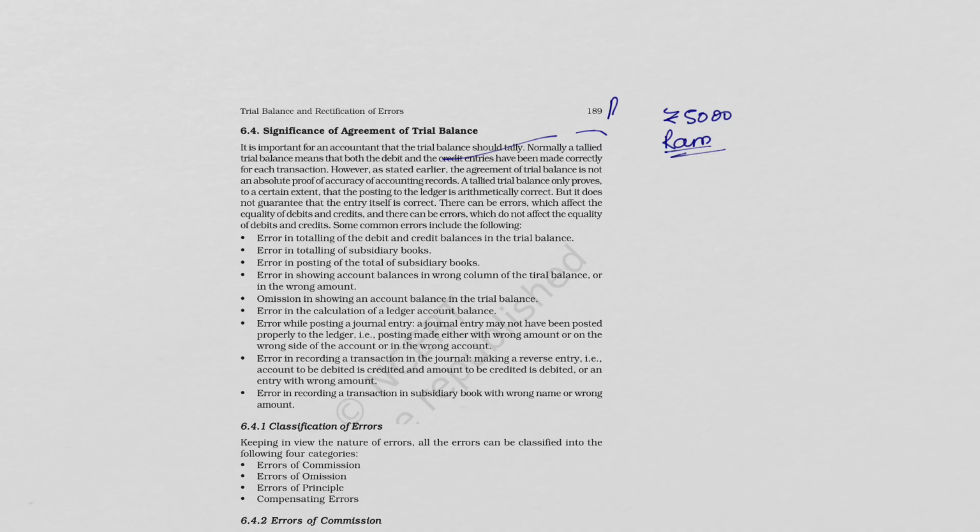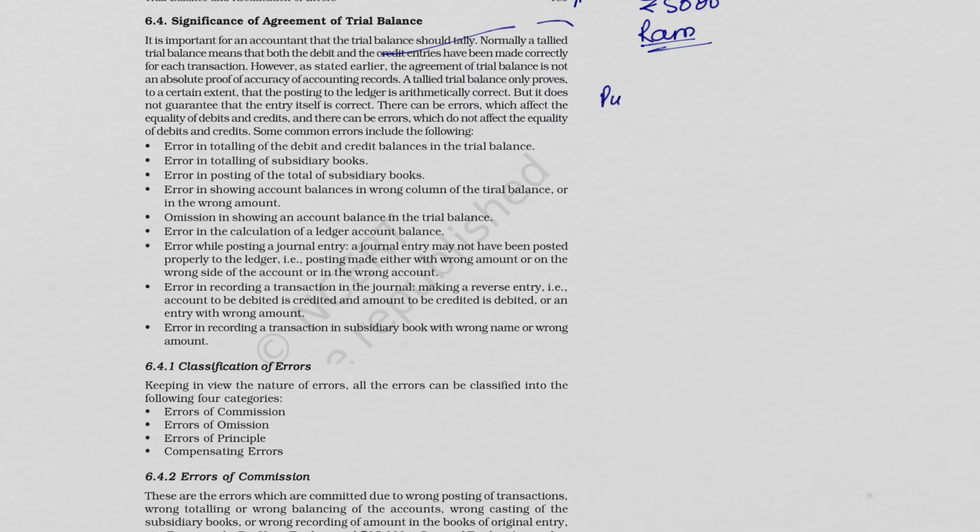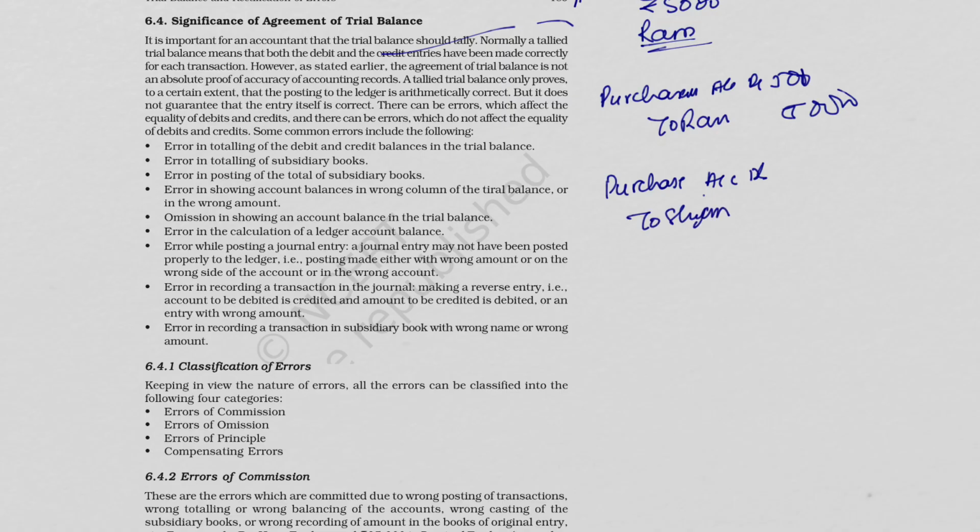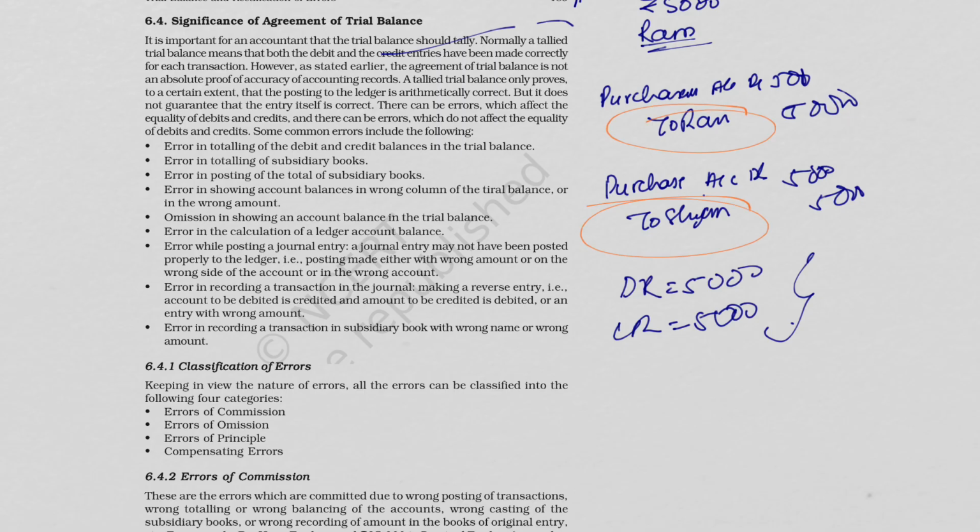The correct entry should have been purchases account debit 5,000 to Ram account 5,000. Suppose the accountant records purchases account debit to Sham account, 5,000 only. So here the debit is equal to 5,000, the credit is also equal to 5,000. So the trial balance will still tally. But the entry is wrong because the wrong account was credited. So this type of mistake will not be detected through trial balance.